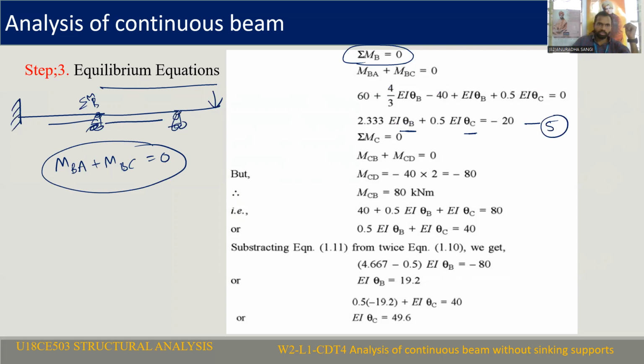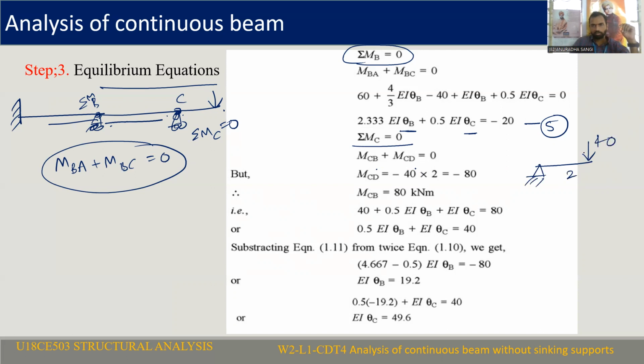At C, again we need to develop one joint equilibrium equation, that is, summation of moments at C equal to 0. That means MCB plus MCD will be equal to 0. What is MCD? An applied moment is there, 40 kilonewton at 2 meters.